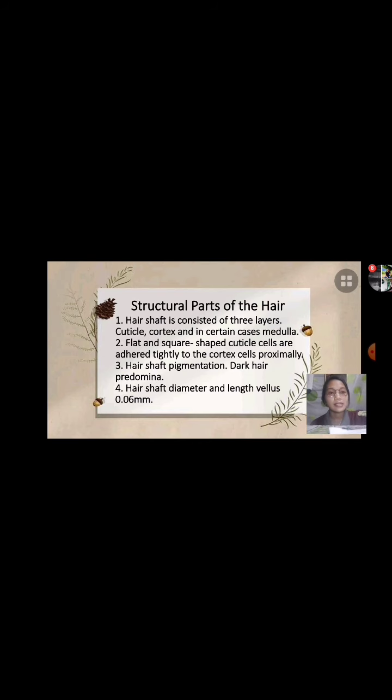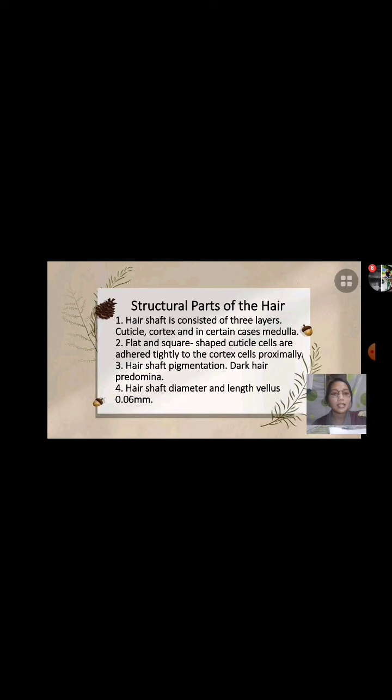So next are the structural parts of the hair. Number 1, the hair shaft consists of 3 layers: cuticle, cortex, and in certain cases, medulla. Number 2, shape: flat and square cuticle cells adhered tightly to the cortex cells proximally.